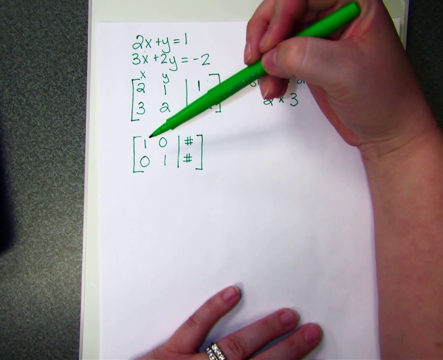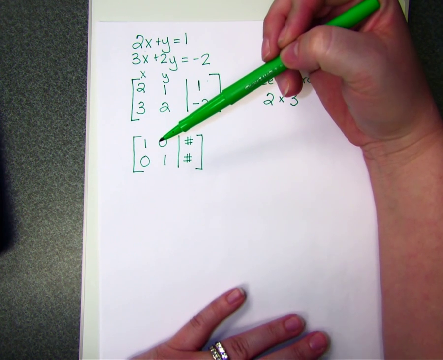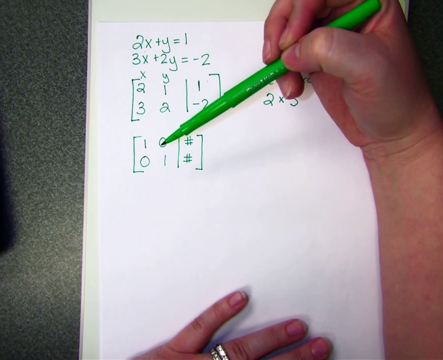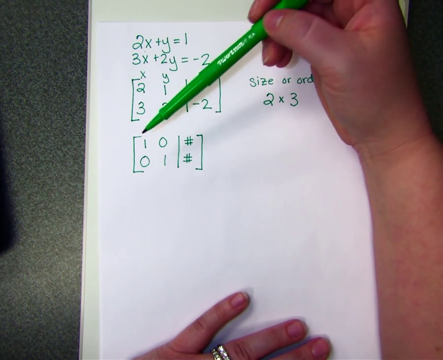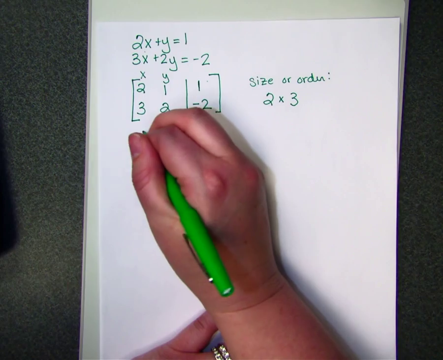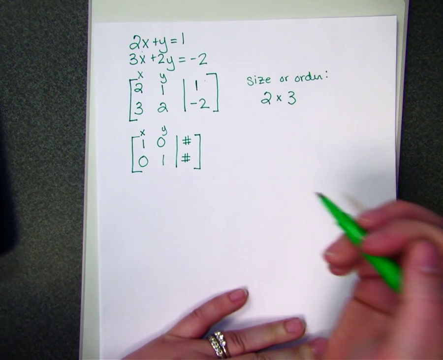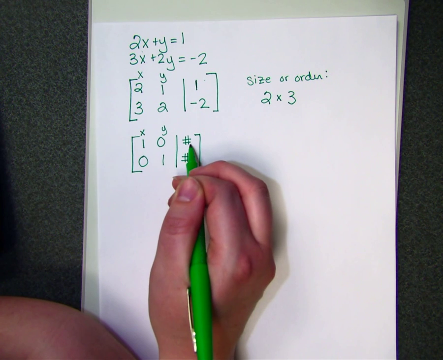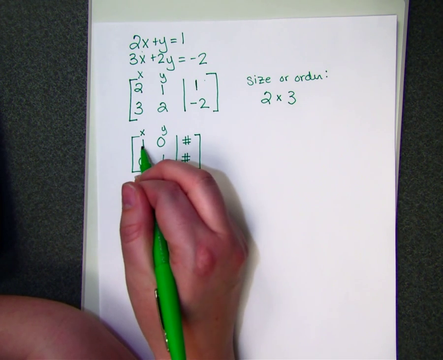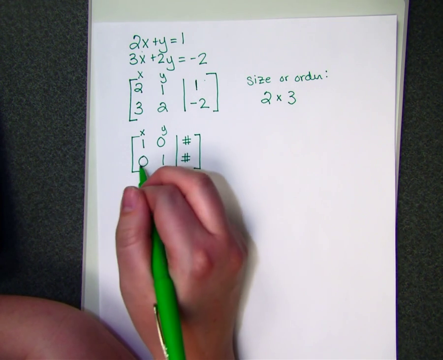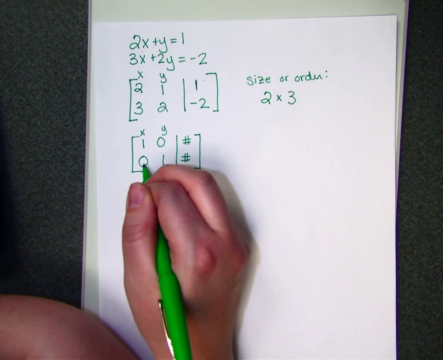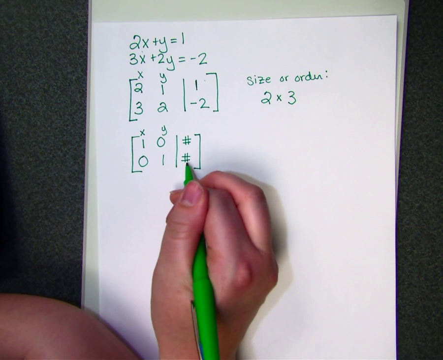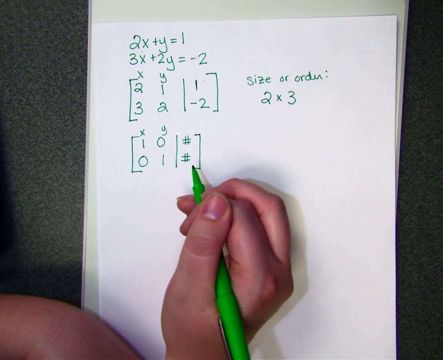And what it does is make the solutions to the system of equations easily read from the matrix. So this top row says 1x plus 0y is equal to a number, or x equals a number. And this bottom row says 0x plus 1y equals a number, or y is equal to this number.